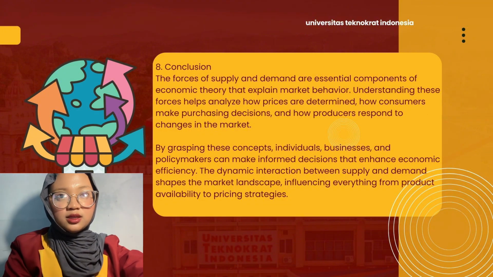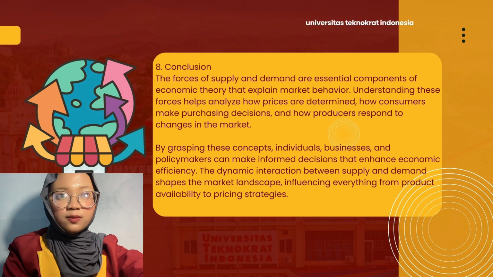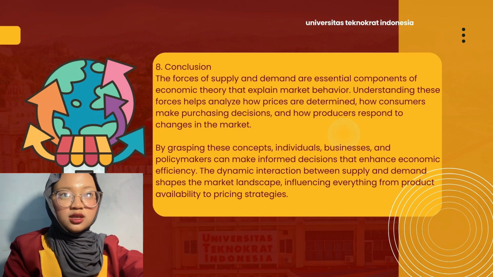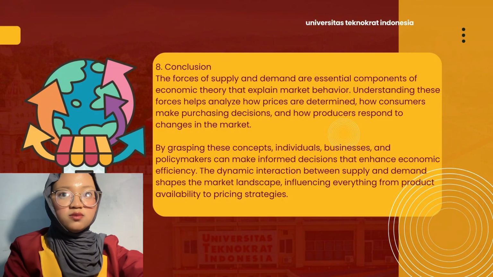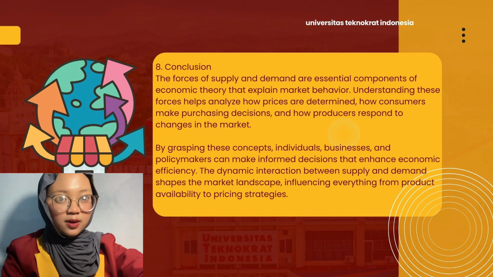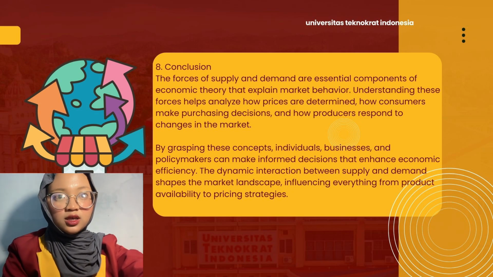By grasping these concepts, individuals, businesses, and policymakers can make informed decisions that enhance economic efficiency. The dynamic interaction between supply and demand shapes the market landscape, influencing everything from product availability to pricing strategies.